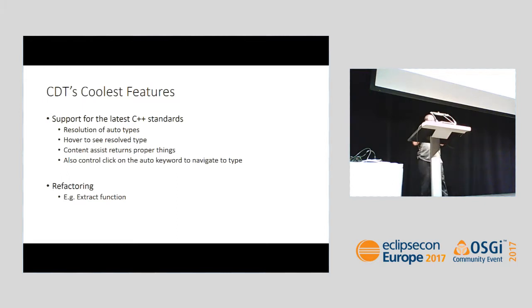And we use, again, the CDT's built-in parsers and the AST it produces in order to figure out how to make the change, which variables are being used in that block of code so we can pass them in as arguments. Very powerful stuff. And we actually have a university group from Switzerland that does a lot of work in that area. They have a product which has more refactorings built on the same engine. So it's pretty powerful.